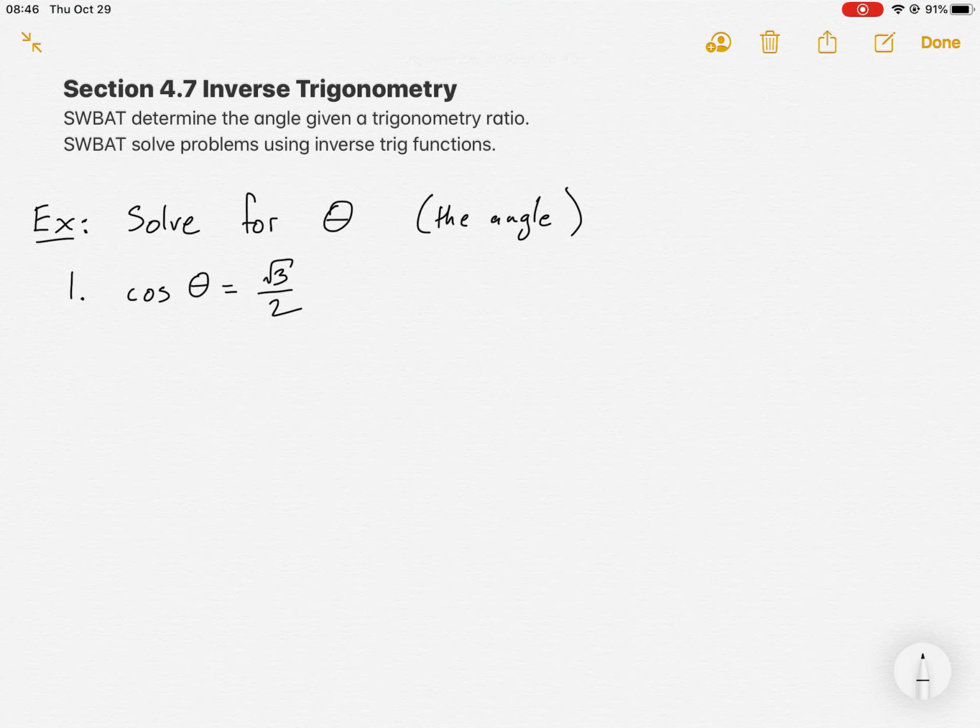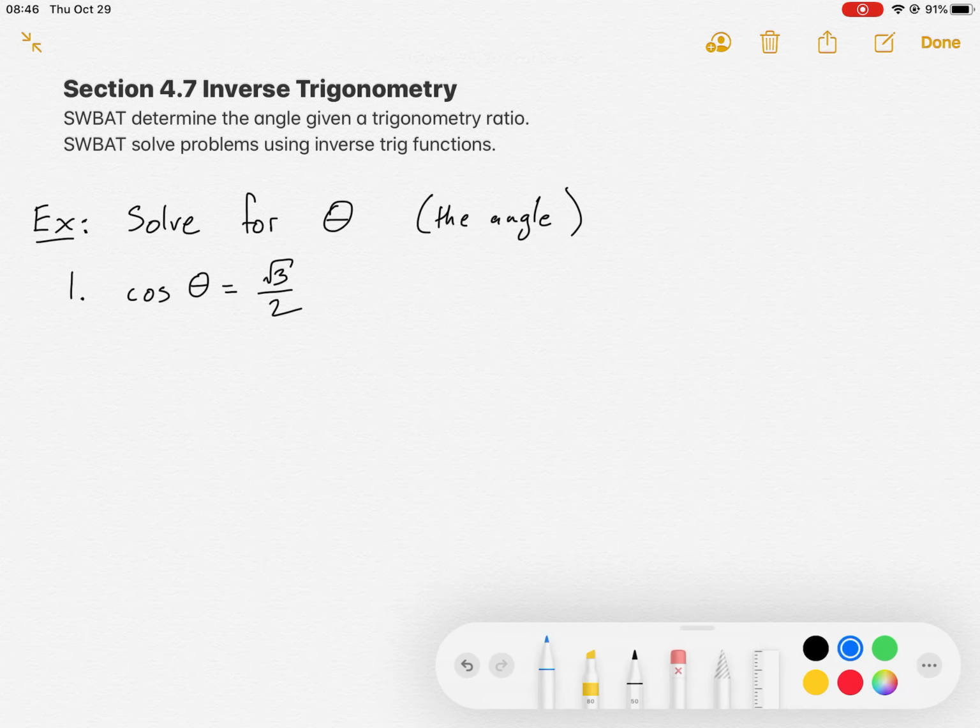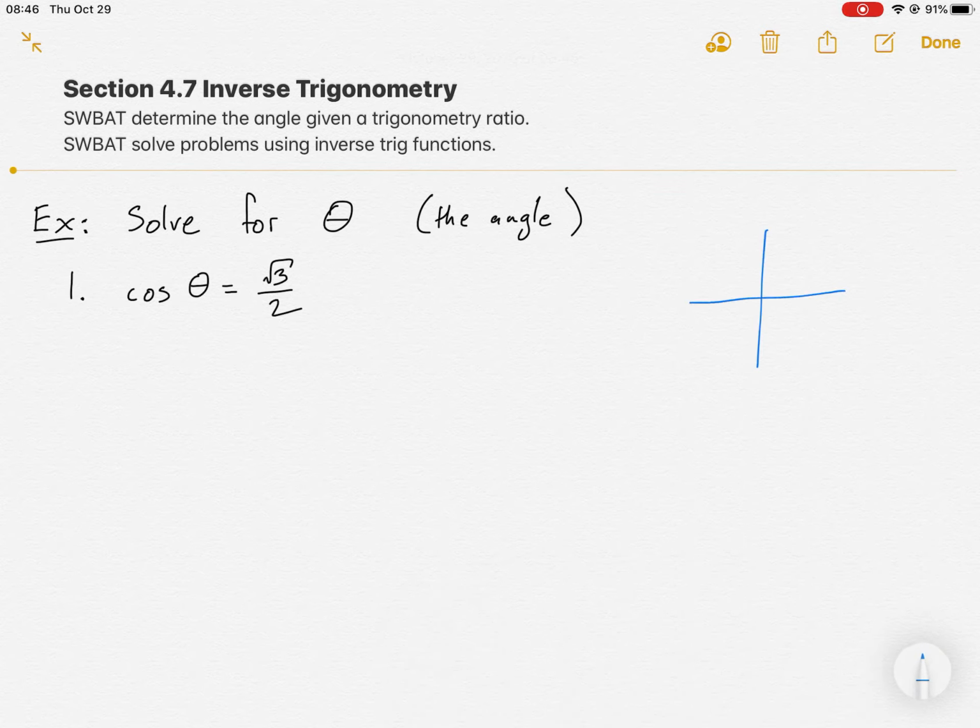So if I were to just draw a rough sketch of that, we're looking for when x is the square root of 3 over 2, which happens at 30 degrees or pi over 6. So in this case, we could say the answer is just pi over 6.